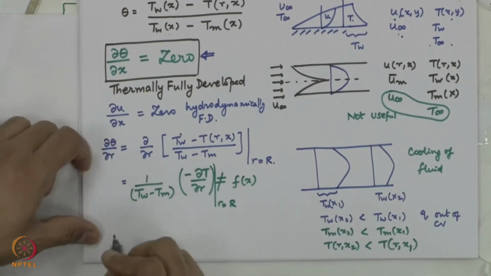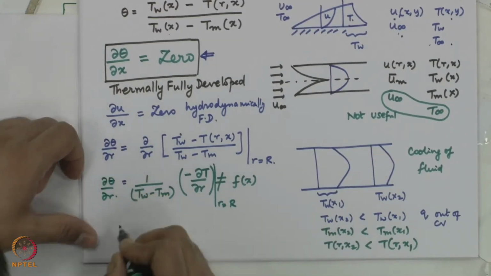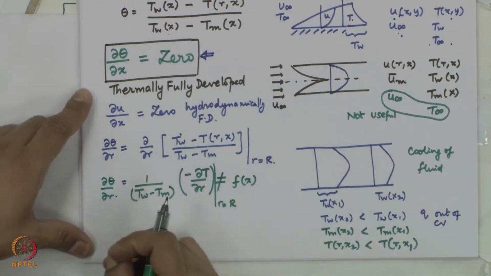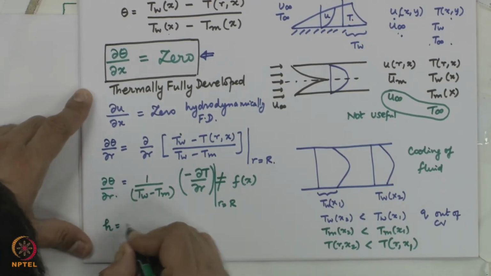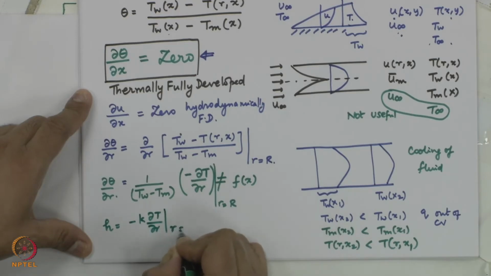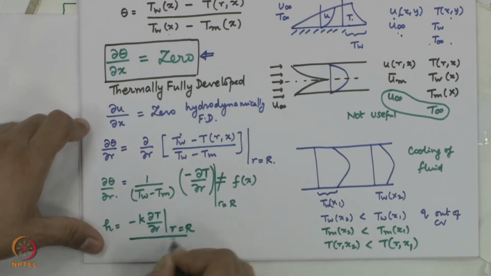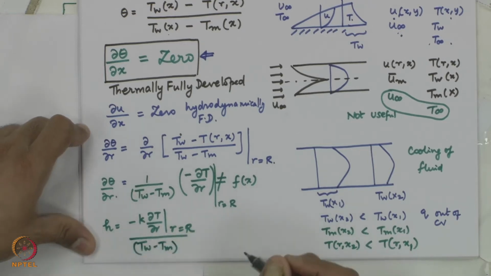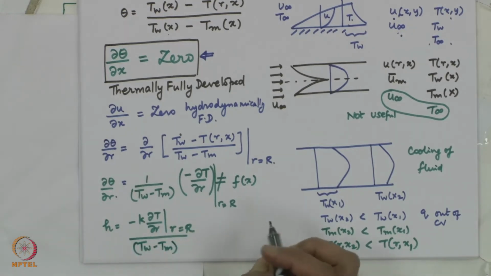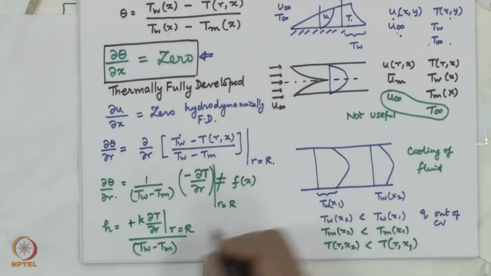What is minus dT by dr evaluated at r equal to capital R? Remember our definition of heat transfer coefficient: h is minus k dT by dr evaluated at r equal to R, divided by some temperature difference. Why does this become plus?